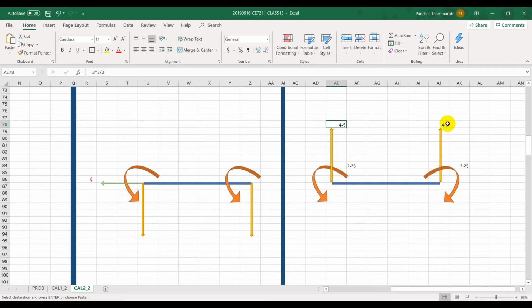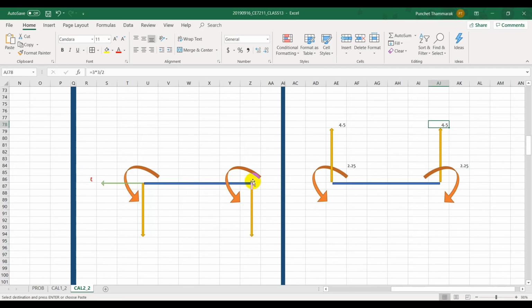You end up with 4.5 and 4.5 upward. However, this 4.5 upward seems to upset this setup because the degree of freedom, the displacement, is pointing downward in the positive sense in local coordinates setup.